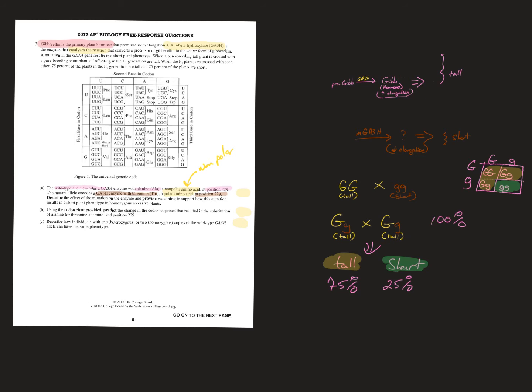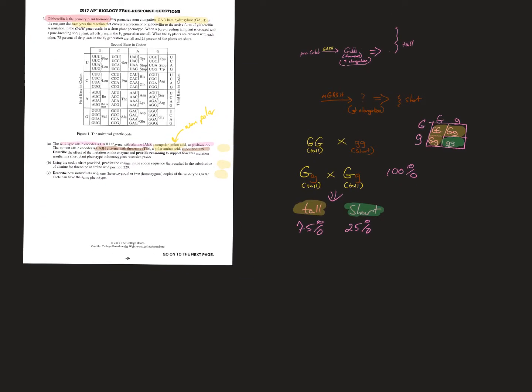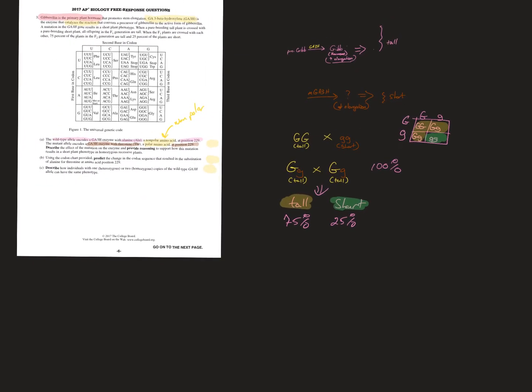Describe the effect of the mutation on the enzyme and provide the reasoning to support how this mutation results in a short plant phenotype in a homozygous recessive plant. So it goes back to the folding of proteins. You have amino acids, right, and a polypeptide or protein, and in this case this protein's a hormone. You have amino acid 1, amino acid 2, etc. And there's a ton of them.